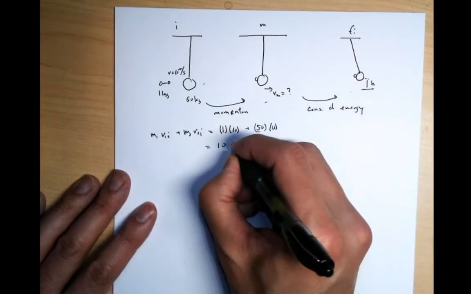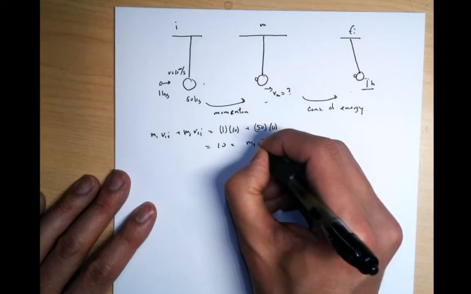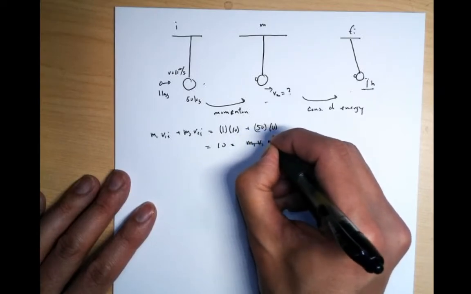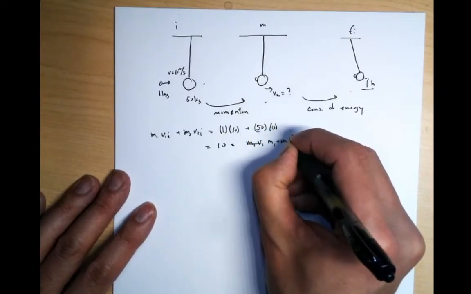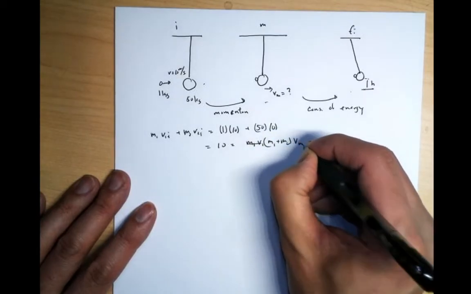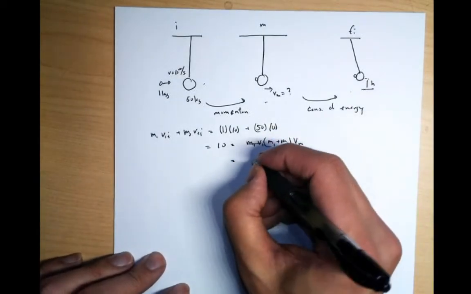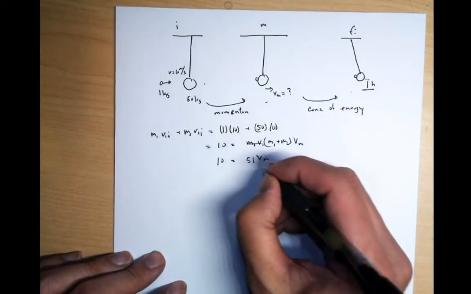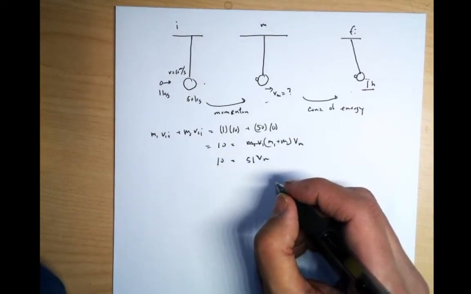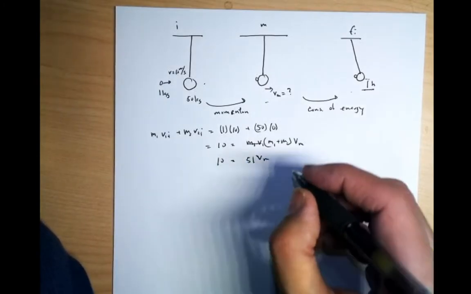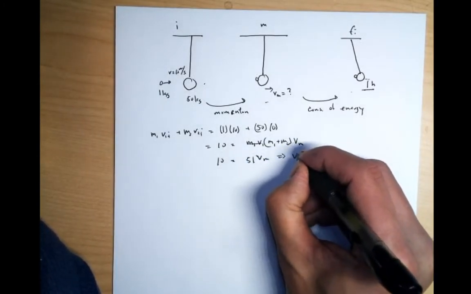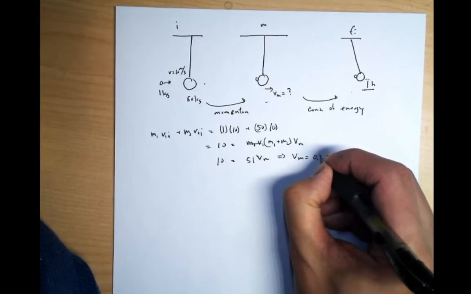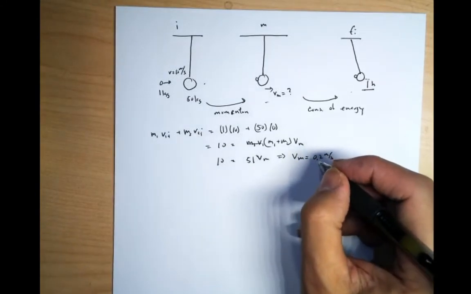The middle state is M1 plus M2, because they're stuck together, times V middle. So that's going to be 51 times V middle is 10. And so roughly speaking, this implies that V middle is equal to 0.2 meters per second, right?